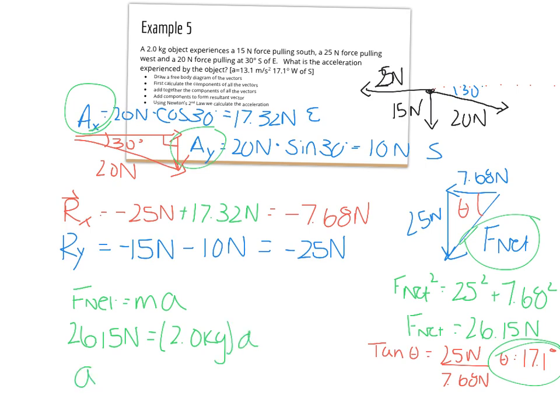Acceleration equals 13, and we're 2 sig figs, so 13 meters per second squared, and it is 17.1 degrees south of west for our final answer.